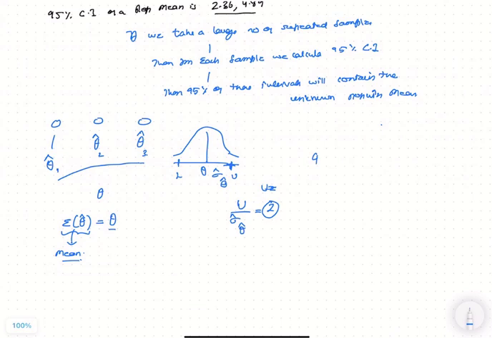If we know 95%, then we know that this value is going to be 1.96.